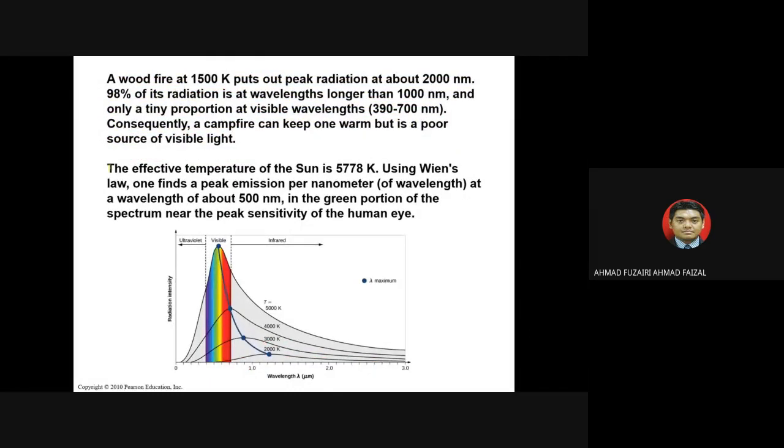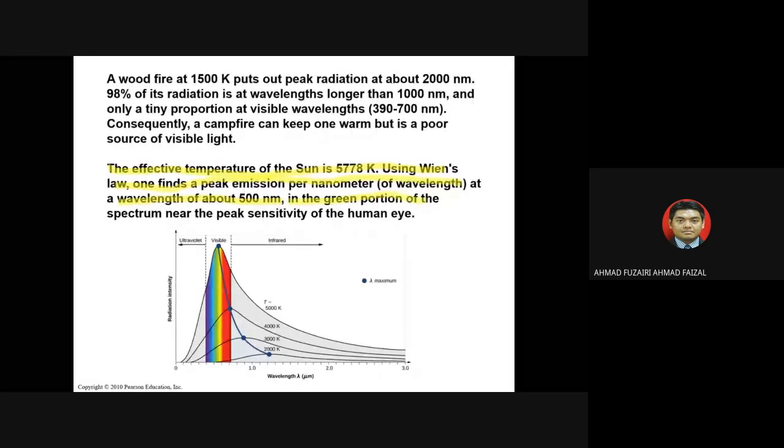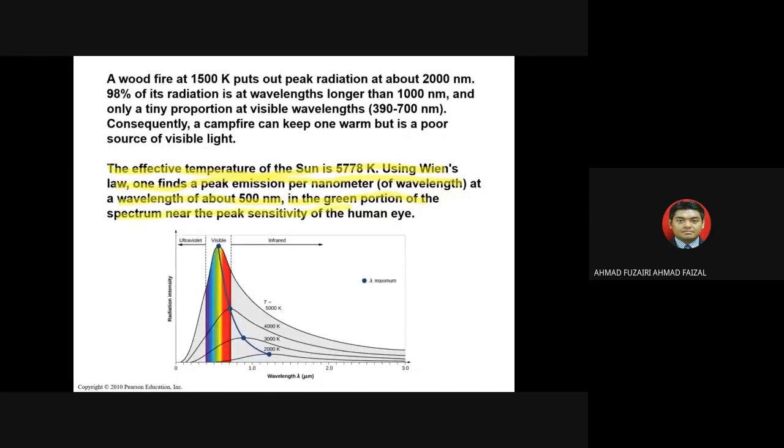This is another example. Effective temperature of sun is 5778 Kelvin. Using Wien's law, one finds a peak emission per nanometer of wavelength at a wavelength about 500 nanometer in the green portion of the spectrum near the peak sensitivity of human eye. So this is close enough to this 5000 curve, whereby even though it is 5778 Kelvin, now you can approximate using this 5000 K curve.